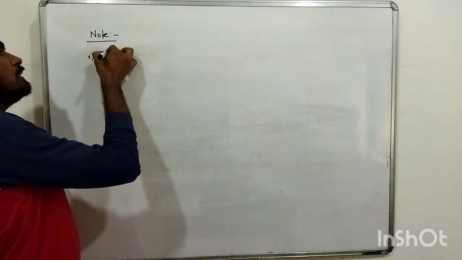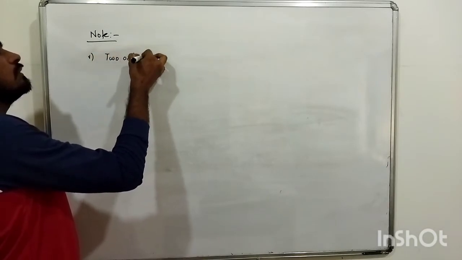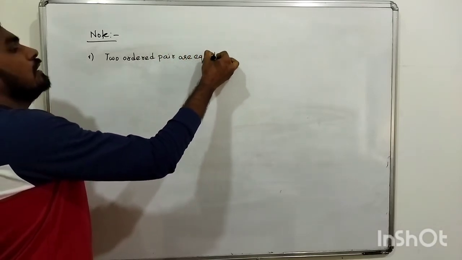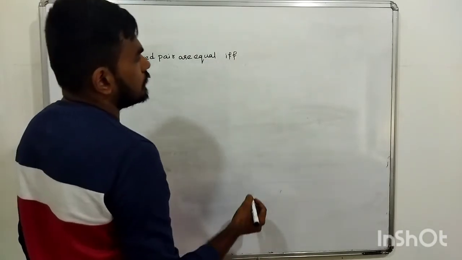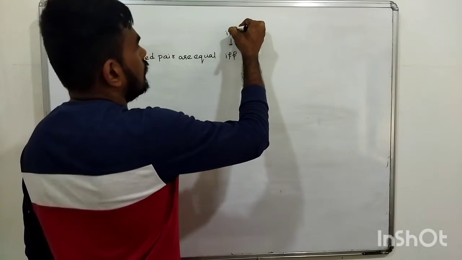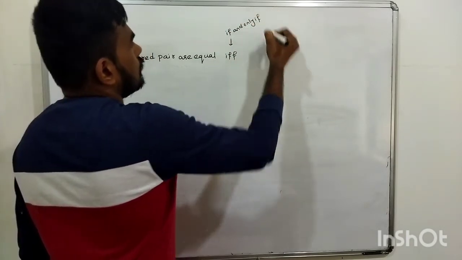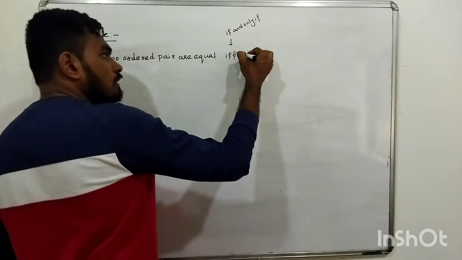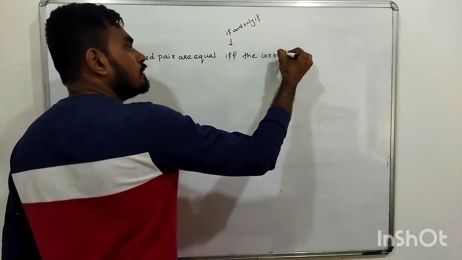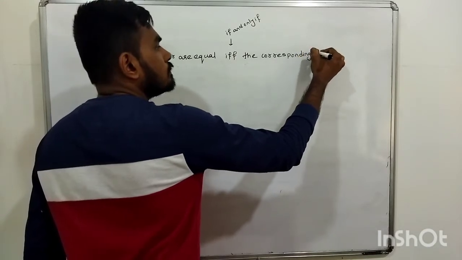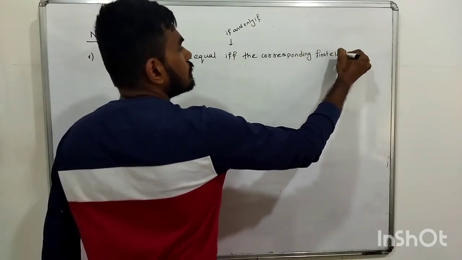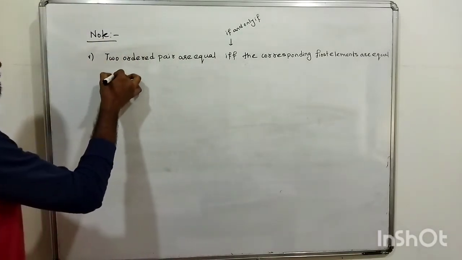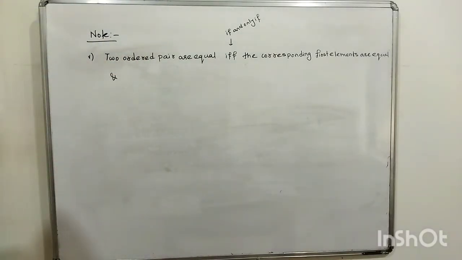Two ordered pairs are equal if and only if, in short we write iff, the corresponding first elements are equal and the corresponding second elements are also equal.